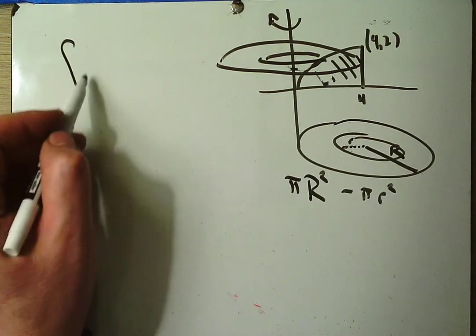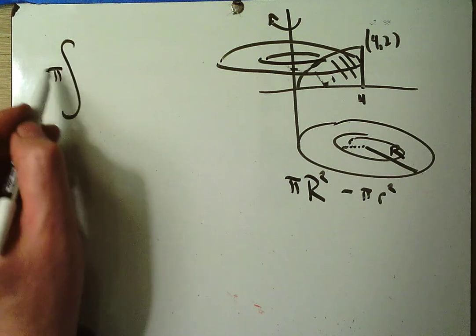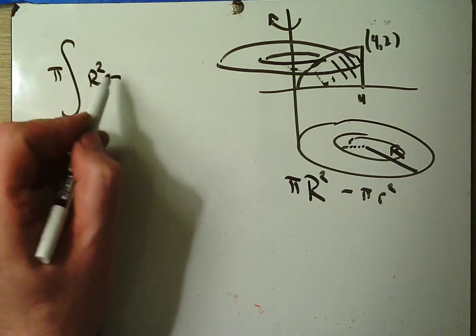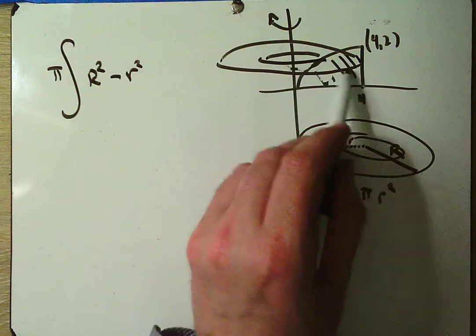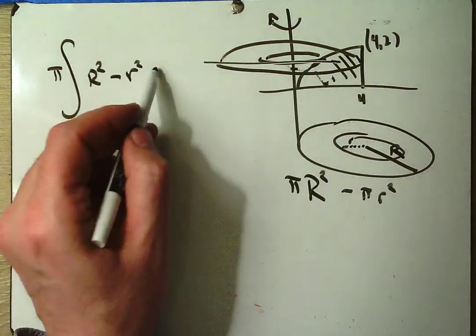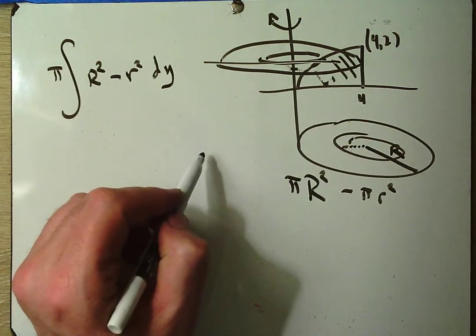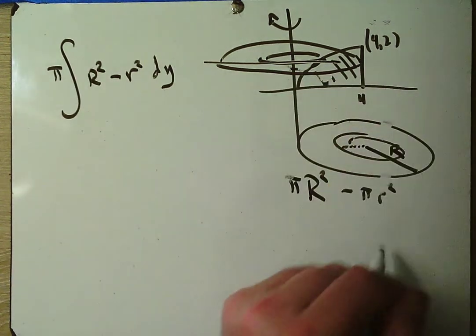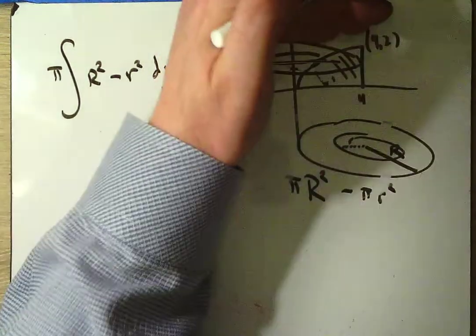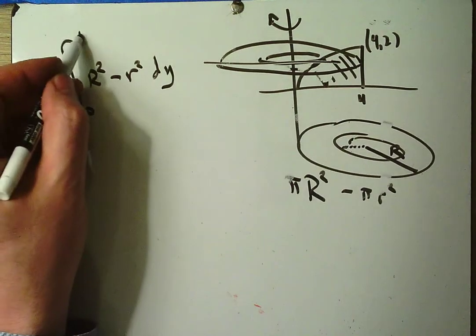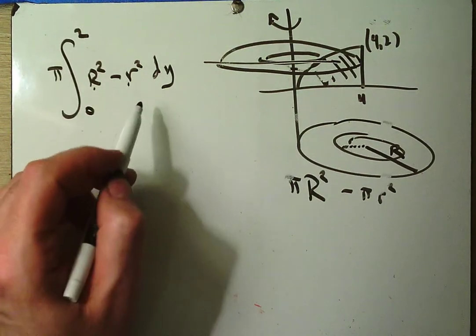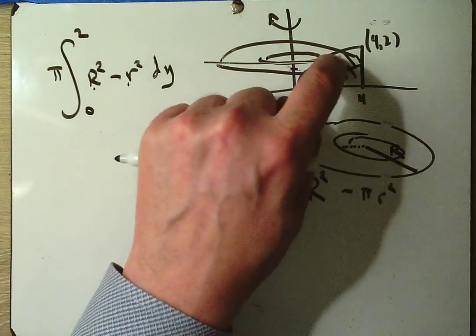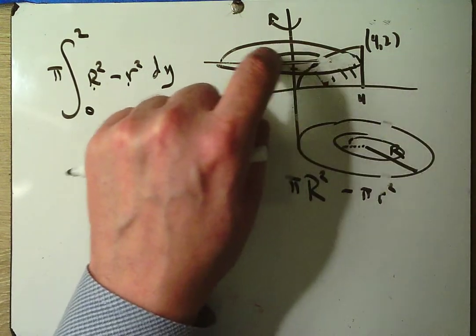So we'd be integrating pi big R squared minus little r squared. And notice the thickness. The thickness of these slices would be measured across the y-axis. So I'm not going from 0 to 4 anymore. I'm going from 0 to 2. All right, so what's the big R and what's the little r? Well, let's come back to this picture.